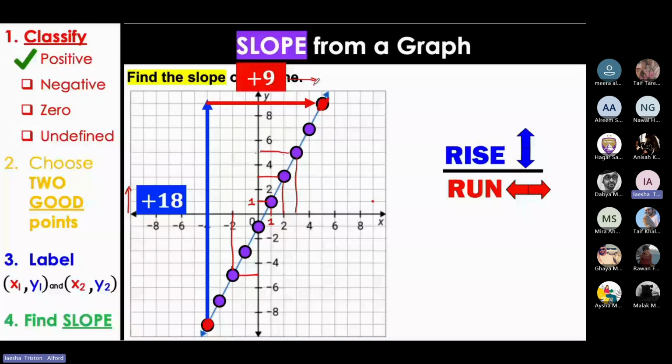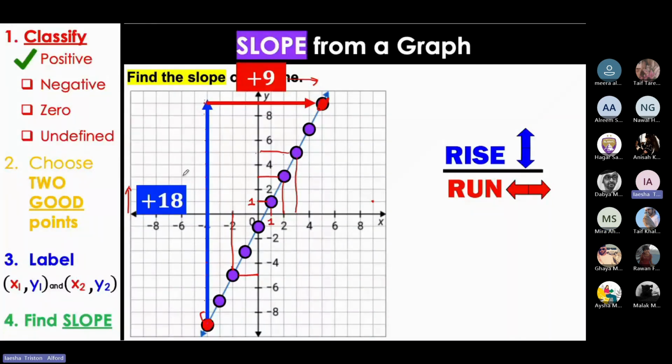Okay? So, Miss, how did you get 18? Again, how did you get 18? You've got to count. You can count, go count. 1, 2, 3, 4, 5, 6, 7, 8, 9, 10, 11, 12, 13, 14, 15, 16, 17, 18.